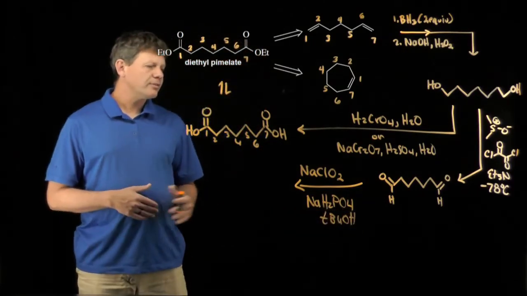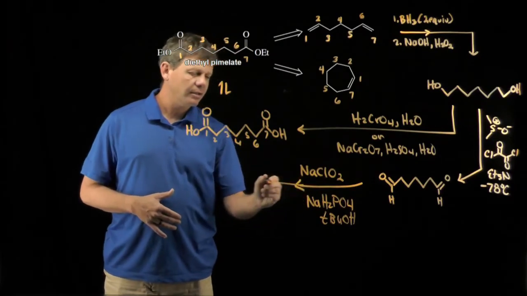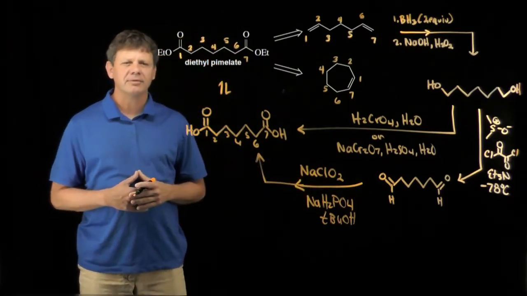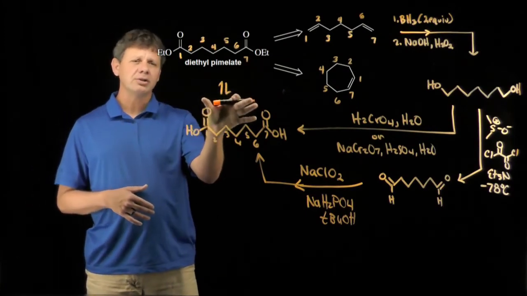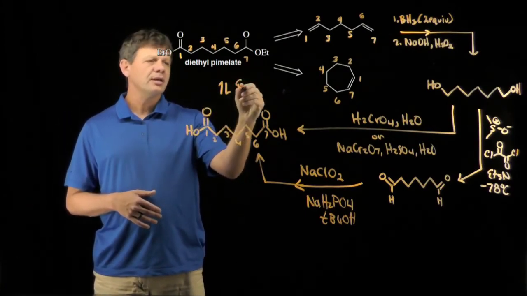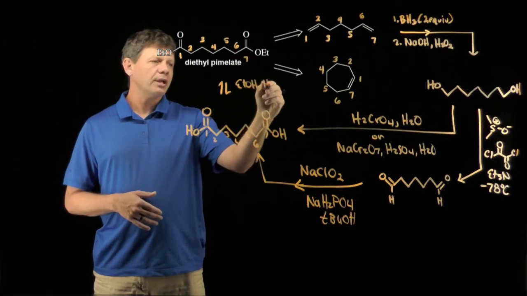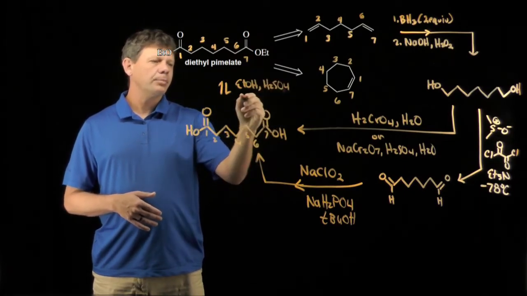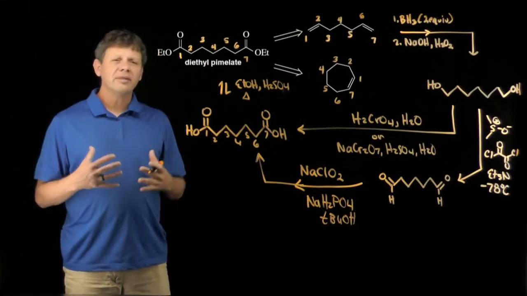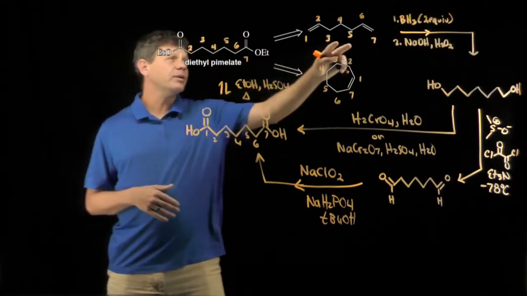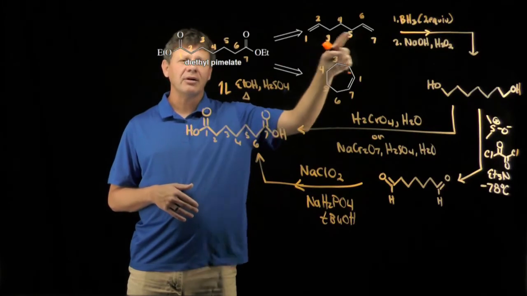But when we do this, we convert this dialdehyde into the dicarboxylic acid, which we can then do the esterification. I notice we didn't show reagents here. Let's show those reagents: ethanol and sulfuric acid, and probably heat to give us this diester. So this would complete the synthesis if we started with this dialkene.